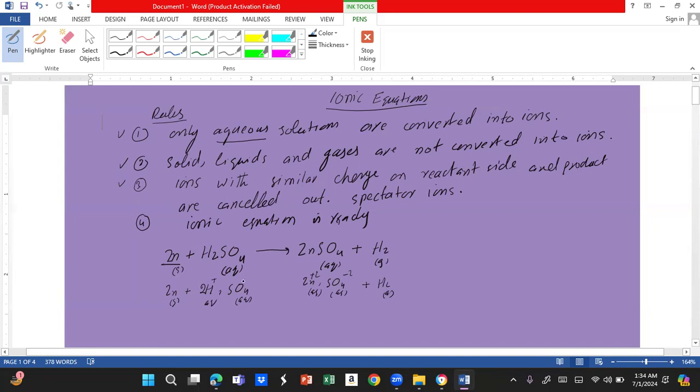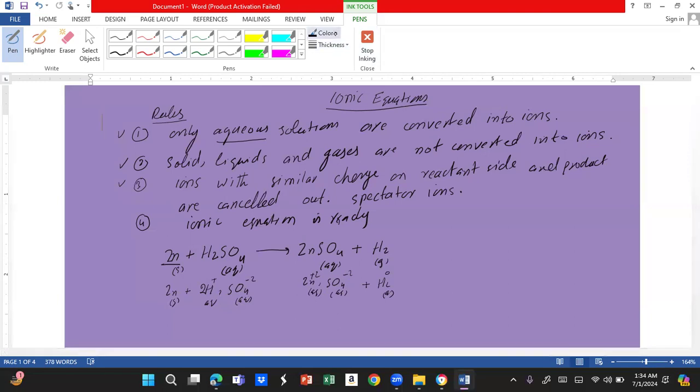Definitely, you will not say hydrogen ion because here the charge of hydrogen is positive. Here it has no charge because it is a free element. A free element is an element which is not combined with any other element. Hope you understand. So this sulfate is -2, this sulfate is -2.